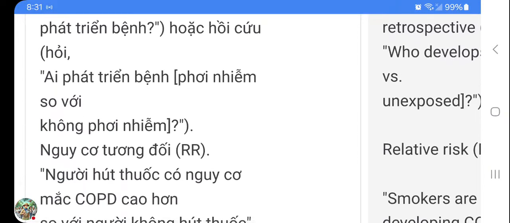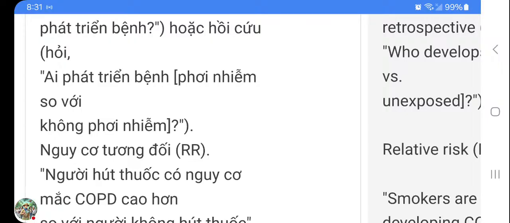For example, we see an exposure or risk factor A or B or C. As researchers or scientists or doctors, we think about, for example, a local area where we saw something happening.